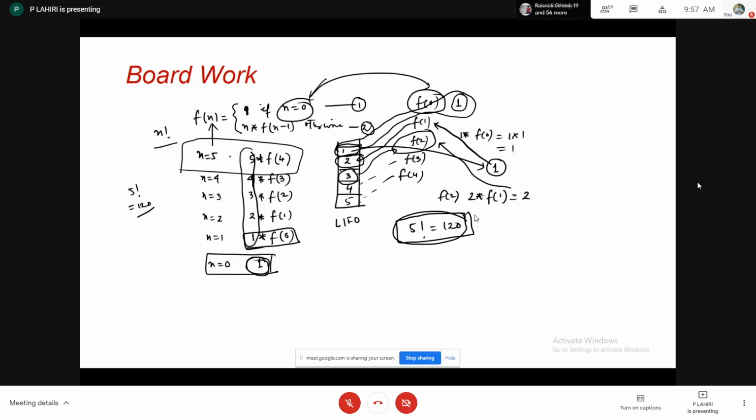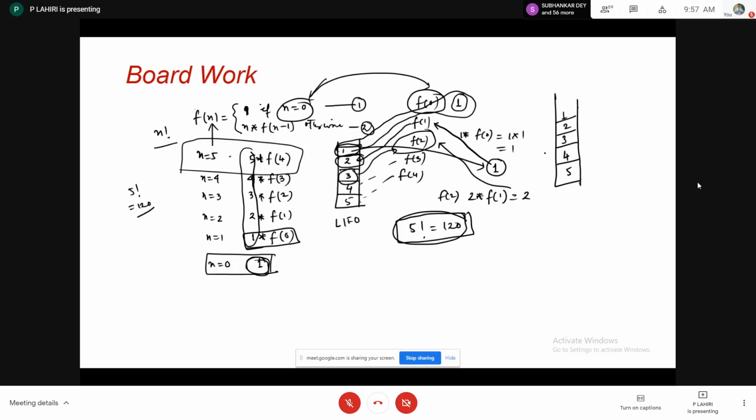So now your question will be, sir, does it mean that the same data is taken or evaluated twice? Exactly. Because at the beginning, 5 is stored into the stack and waiting for factorial 4 to come. Then 4 is stored into the stack, waiting for factorial 3 to come. 3 is waiting to receive factorial 2. 2 is waiting to receive factorial 1. 1 is waiting to receive factorial of 0.